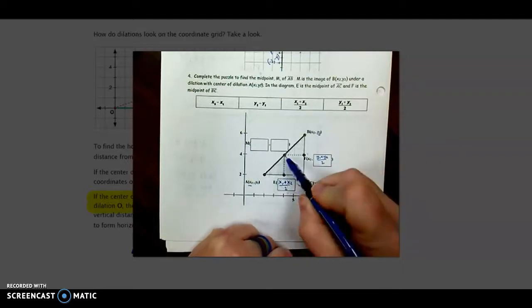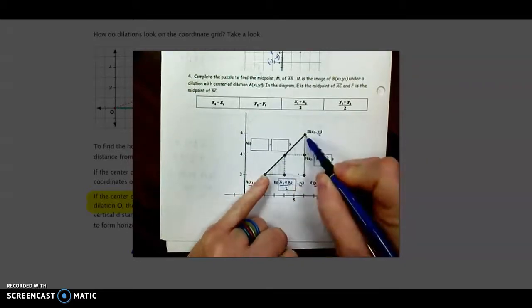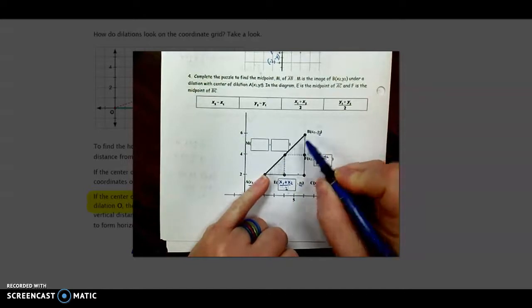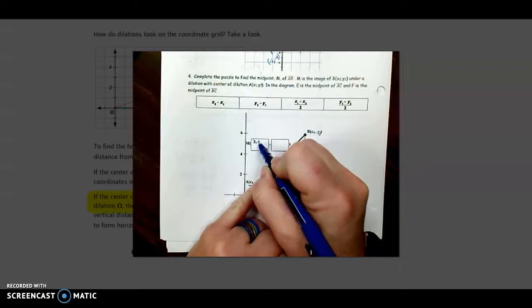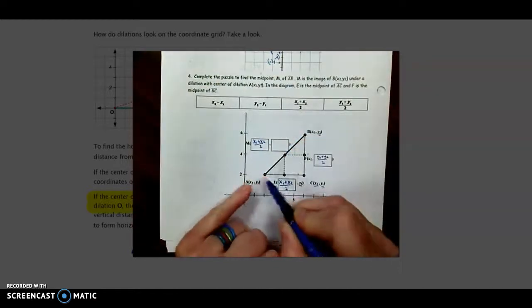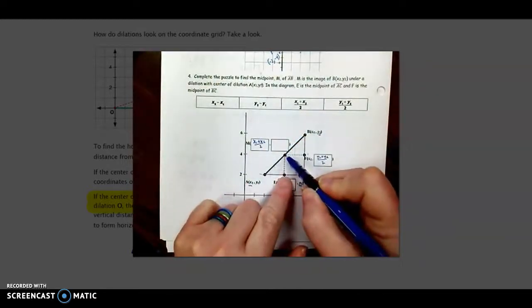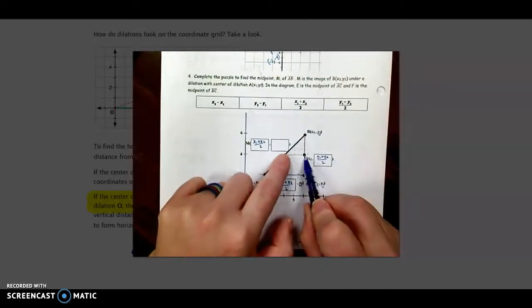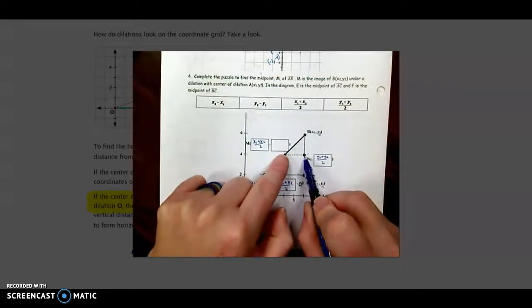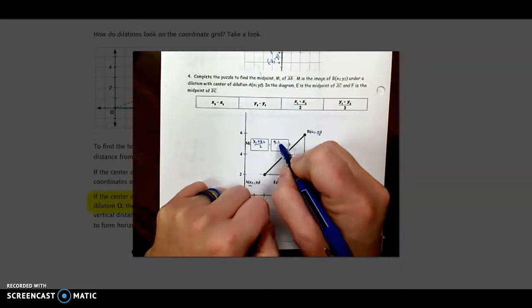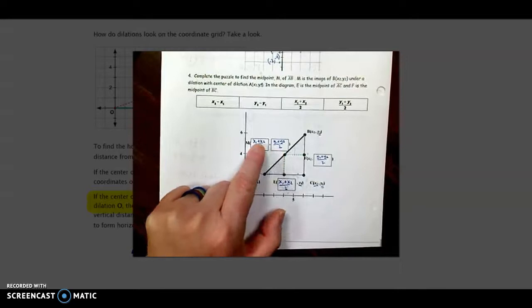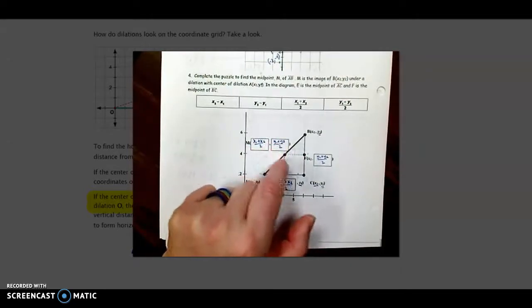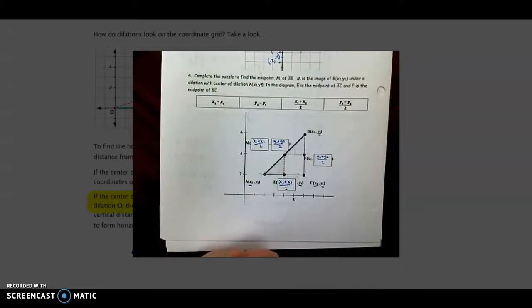So that tells me that this point right here, the midpoint between these 2 points here, has the same x as this point does, which is x1 plus x2 divided by 2, because it goes to the right the same number of units as that point. But it has the same y as this point, because they go up the same number of units. And that is my formula for finding midpoint. Average your x's, which means add them and divide by 2. Average your y's, which means add them and divide by 2.